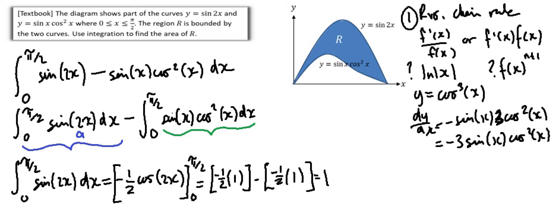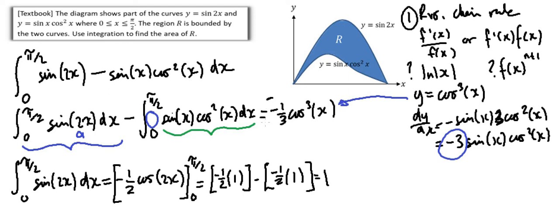Now we compare this with our original integral and we'll see that we're missing that factor. So that means that this must be equal to minus a third of our guess, which was cos cubed. So we've got minus 1/3 cos cubed of x.